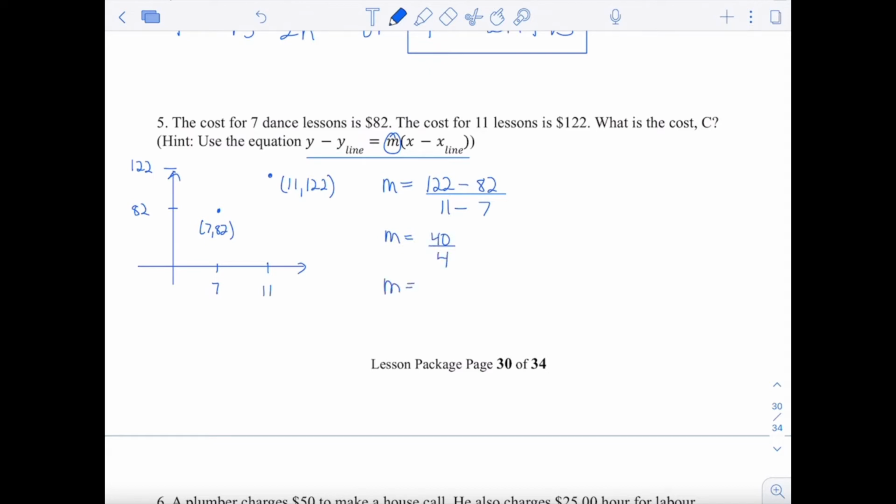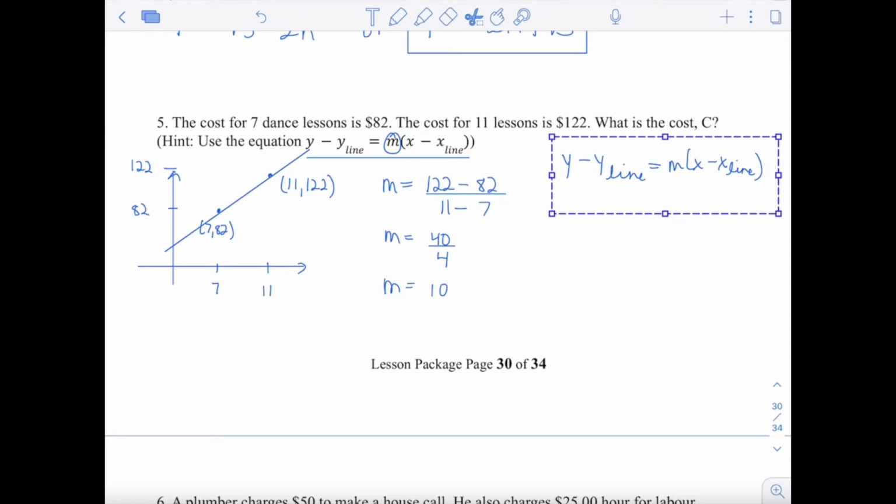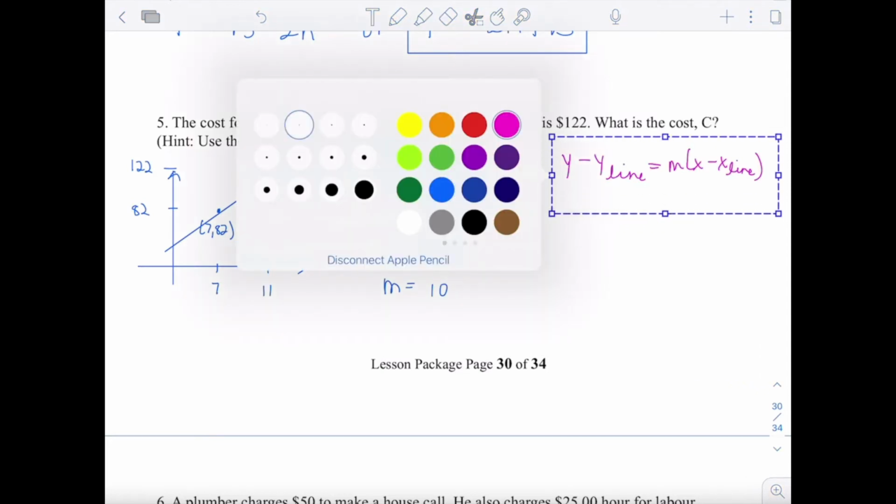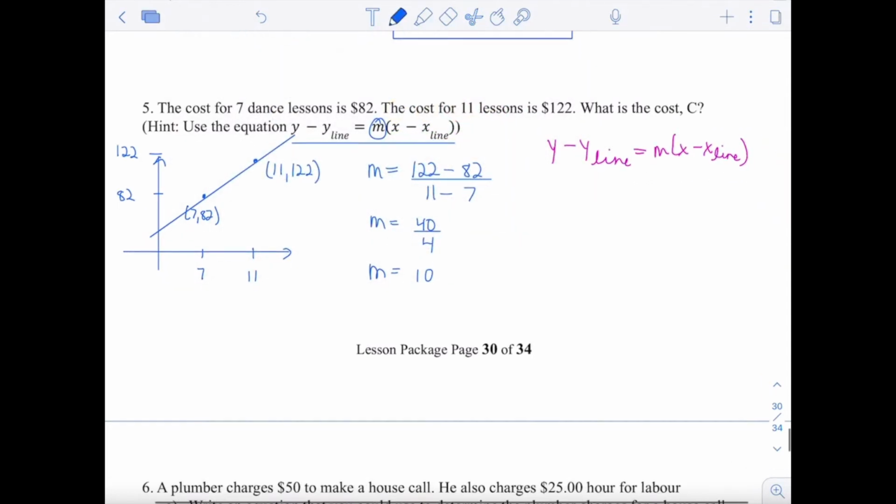So I can see my slope is 10, and it is increasing, so that makes sense. Now I'm going to sub that into y minus y1 equals m times x minus x1, which I like to write in pink here, just to remind us it's a very common formula.